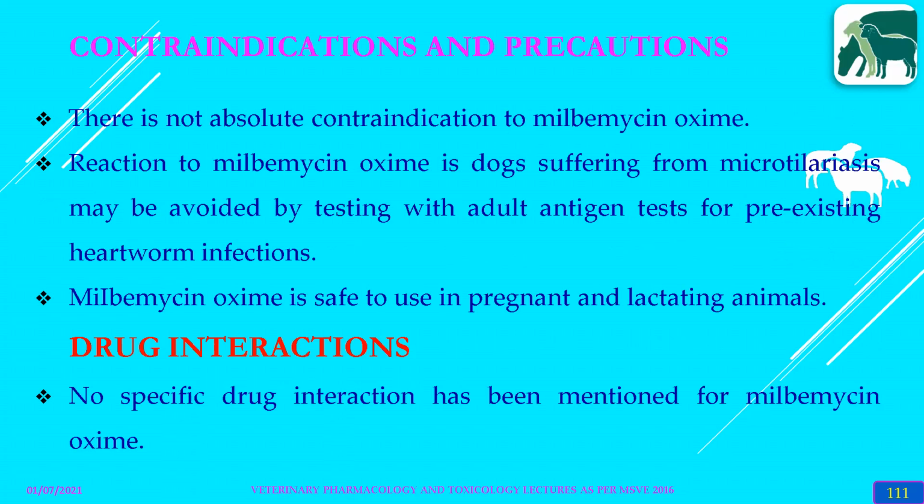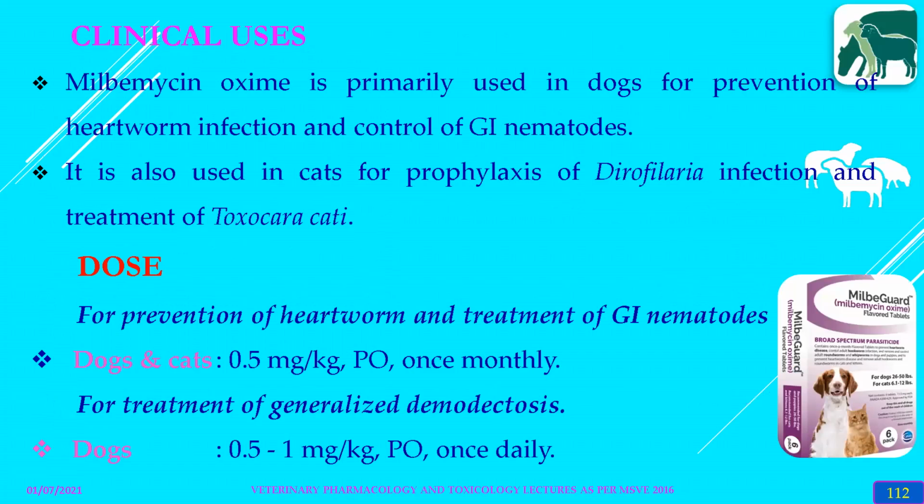This is the milbemycin. At present it is not so commonly available in India, but it is one of the safest drugs, and drug interaction is not noticed with this drug. As for clinical use, it is used in dogs for the prevention of heartworm infections, available as a tablet, and also used in cats, especially in case of Dirofilaria infection and treatment of Toxocara cati.